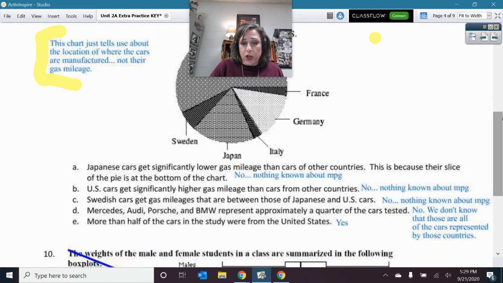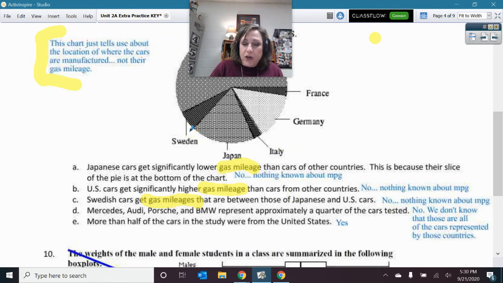So therefore, you can see that A is no good, B and C, all of those are talking about gas mileage, which this chart is not telling us. The Mercedes, Audi, Porsche, and BMW, I'm not exactly sure where all those are coming from.